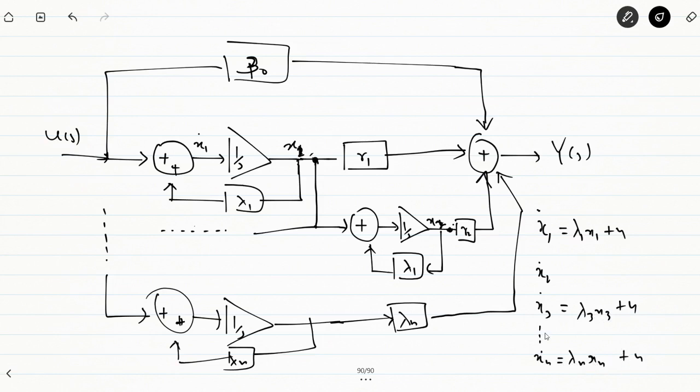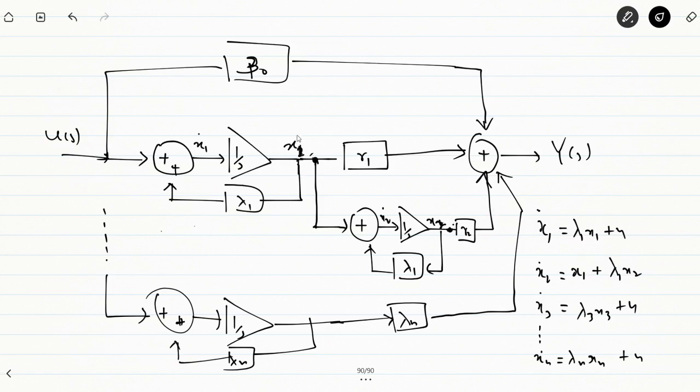Fine. Now, what will x2 dot be here? x2 dot is this term. What is x2 dot? x2 dot is equal to x1 plus lambda 1 x2. Fine.